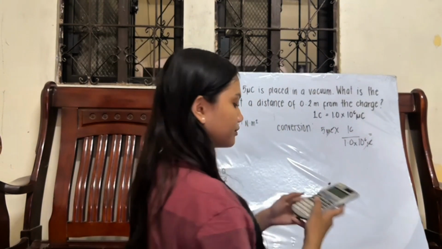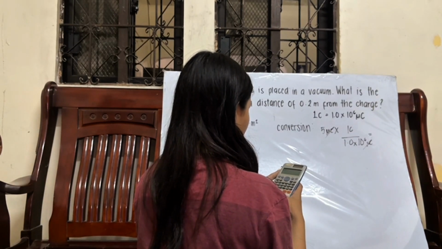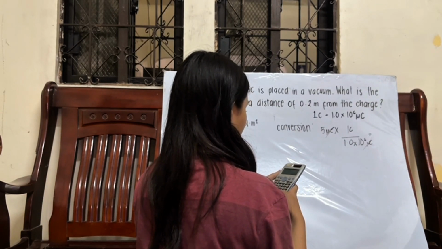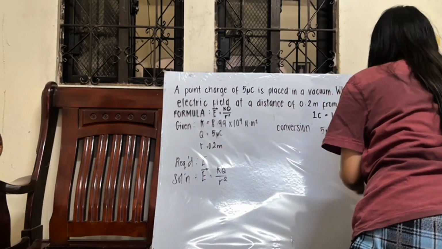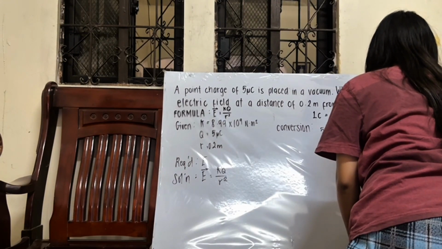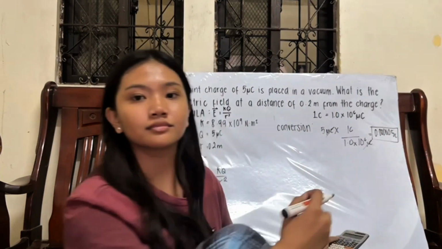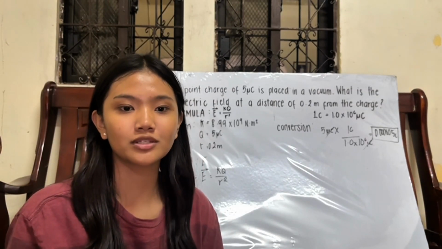Then let's solve. The answer is 0.000005. After converting, we substitute into the formula.